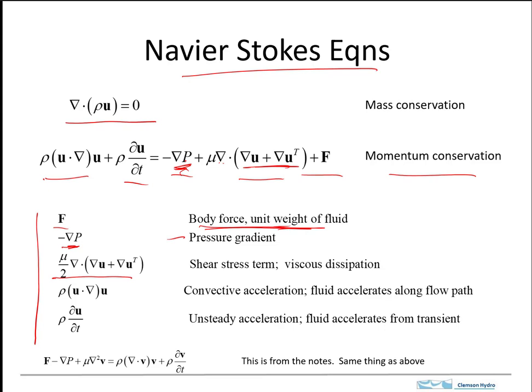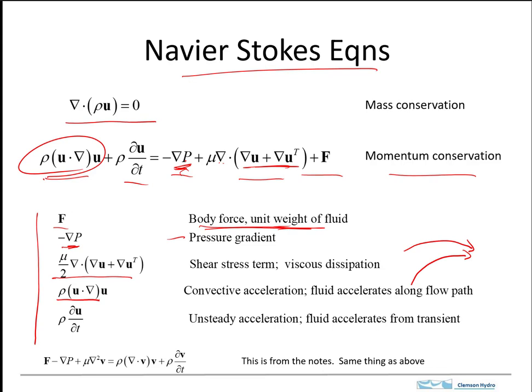This is viscous dissipation. So we're using up energy by shears that are dissipating energy in the flow. And then this term here is what's called the convective acceleration. This is accounting for the energy that is used when we have streamlines coming together like that.